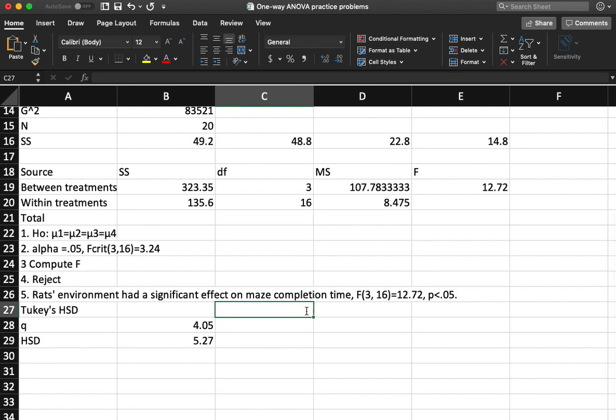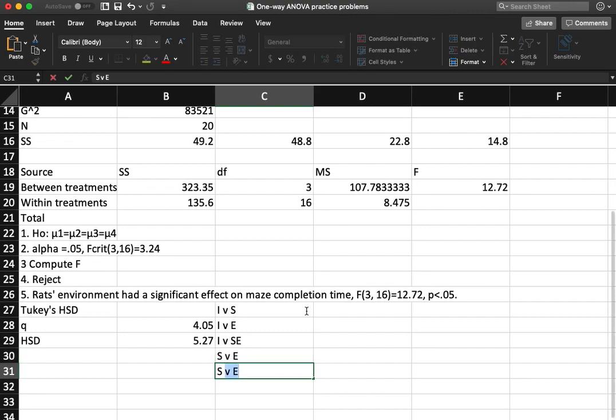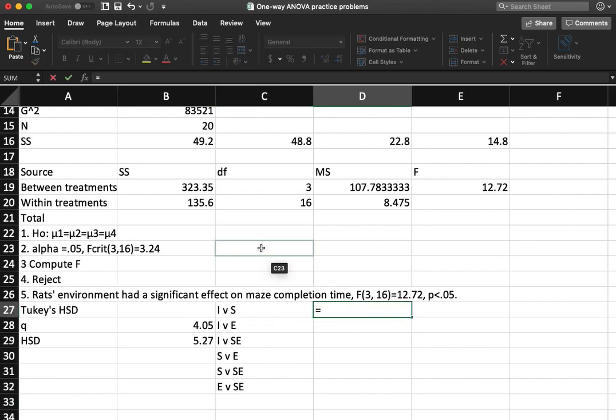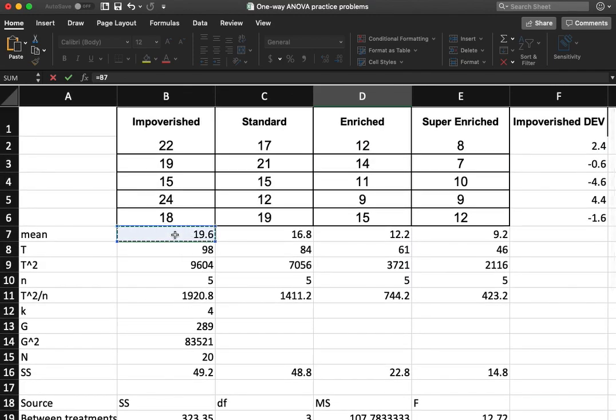Impoverished versus standard, impoverished versus enriched, impoverished versus super enriched, standard versus enriched, standard versus super enriched, and enriched versus super enriched. I think that's all that we've got. 6 different differences.